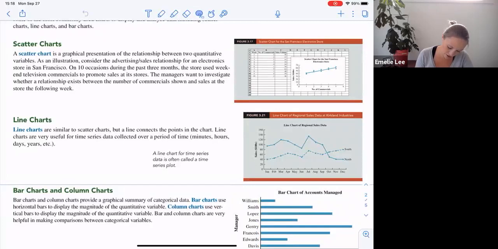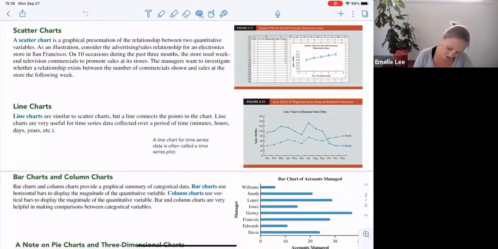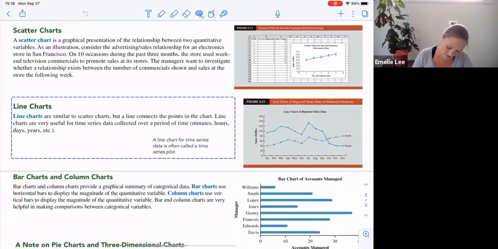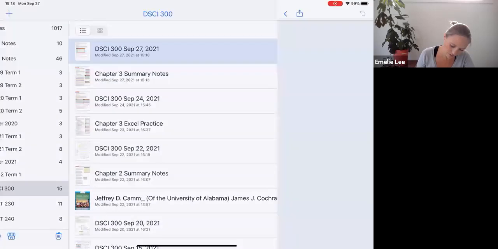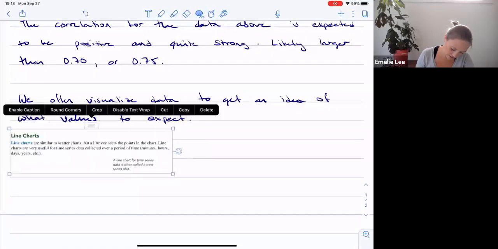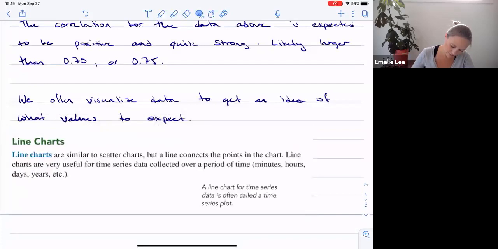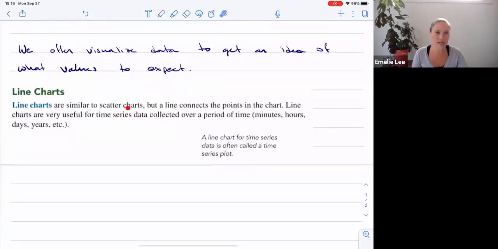Then we have some line charts. Line charts are specifically useful for time series. So if you have data over time, then we can use a line chart. It is a scatter plot, but the lines connect the points, and we use these lines to be able to follow trends, right?